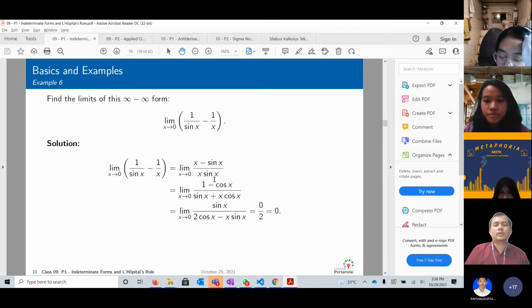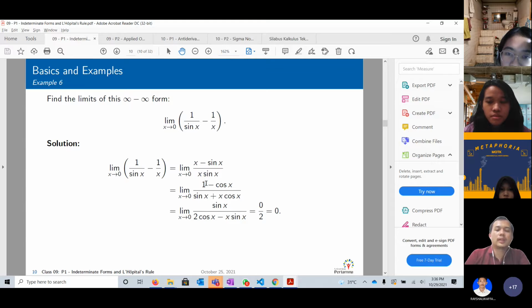Since we have 0 over 0, then we can apply L'Hopital's rule. We take the derivative of numerator and the denominator. Ya, kita bisa terapkan aturan L'Hopital karena kita punya 0 per 0, ya, sehingga kita bisa hitung kemudian.